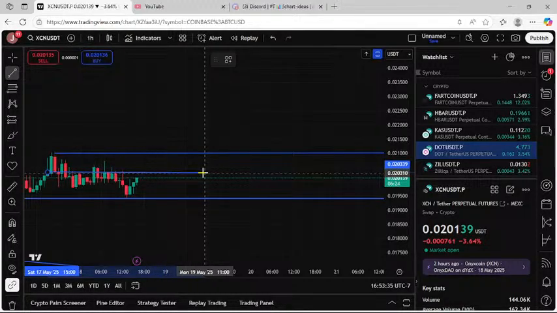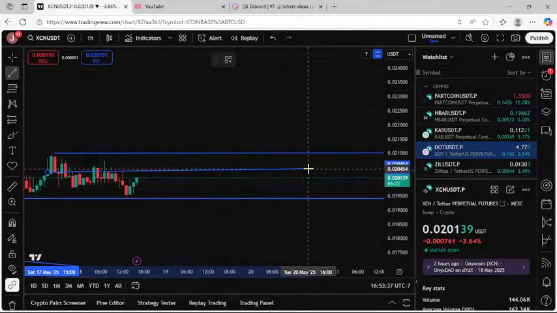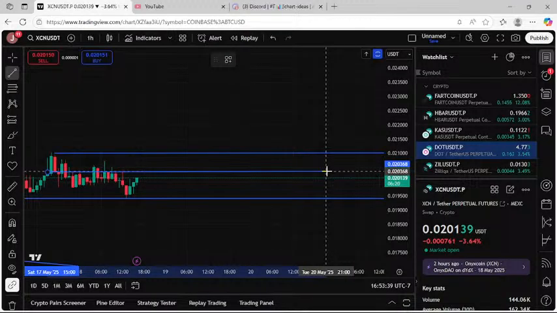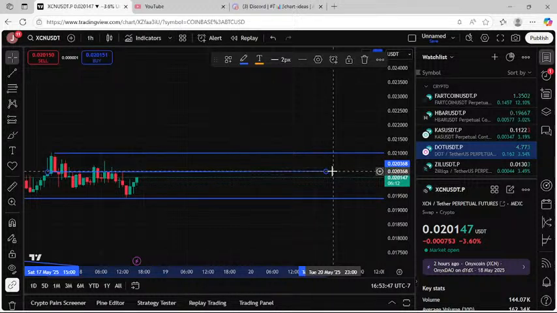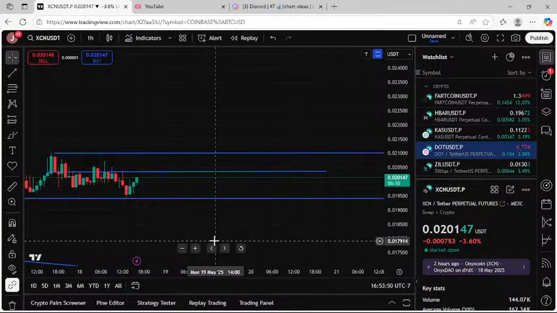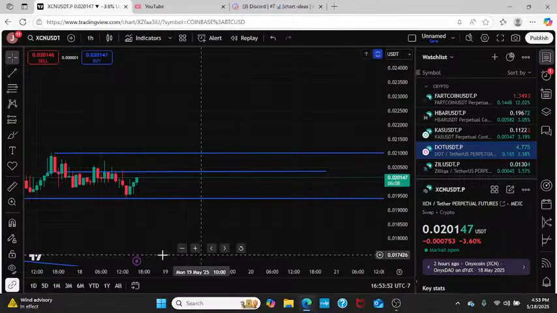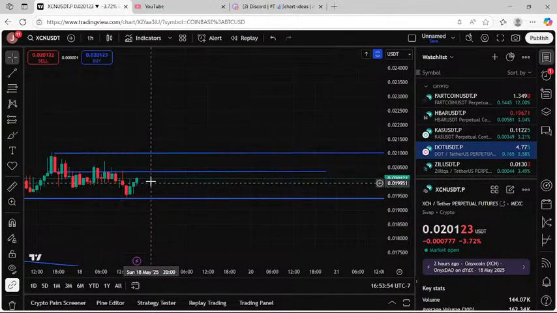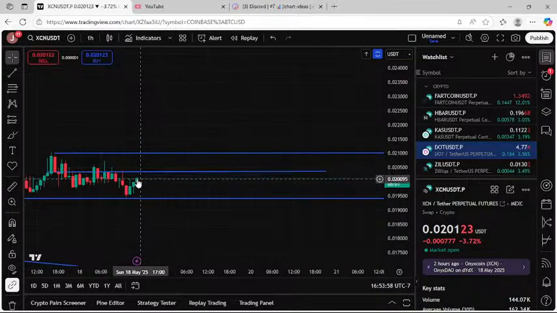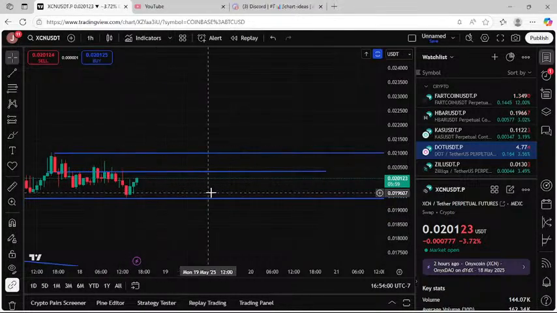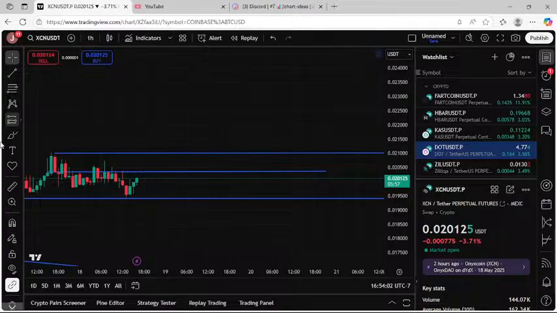So if you're looking to do anything with the 1 hour, there's your setup. Right now, since you're in the middle of nowhere, with the market being bullish, I wouldn't be surprised if we break through the mid range and we start chopping up top there.